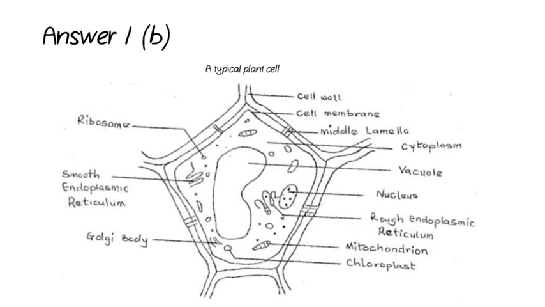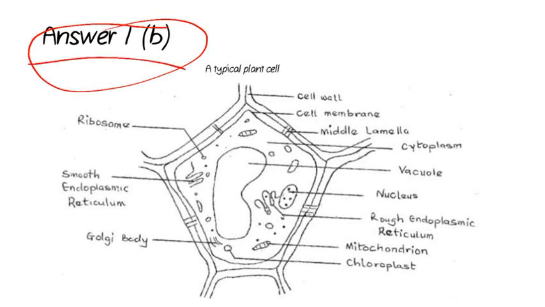As you can see on the slide, the first thing we did was to clearly state what you are answering. So this is an answer to question 1b. The next thing you need to do is to title your diagram.